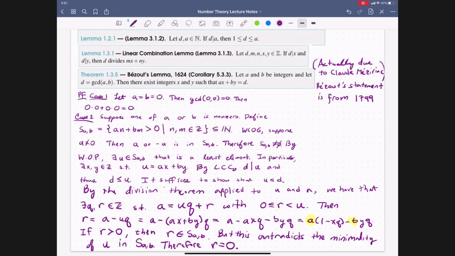So now that we have that R must be 0, let's go back to where R was defined.